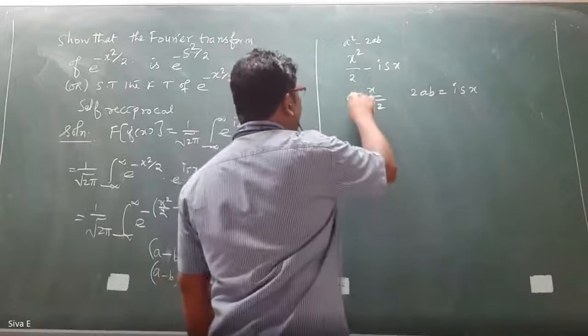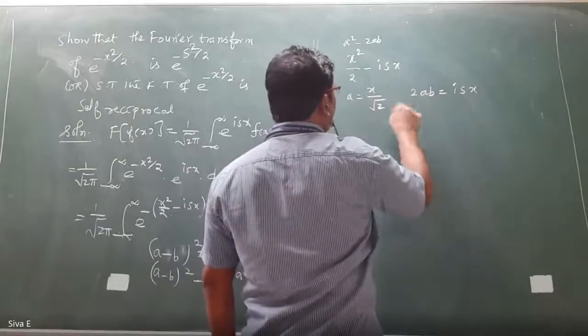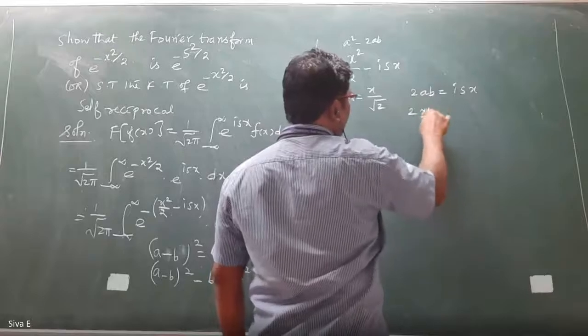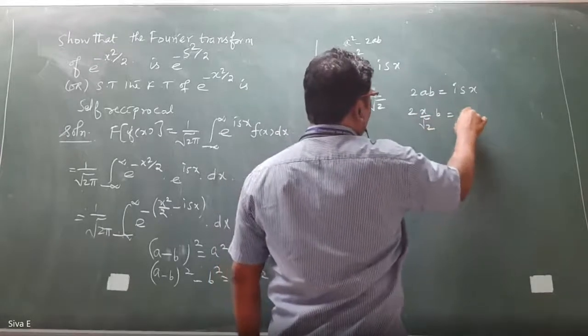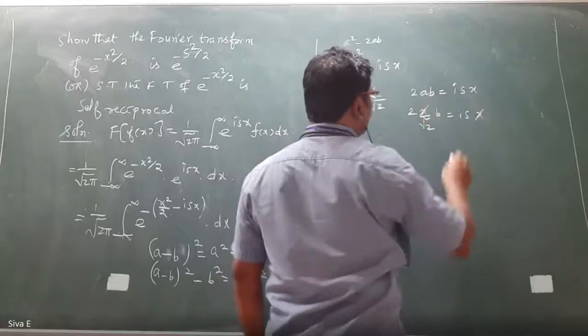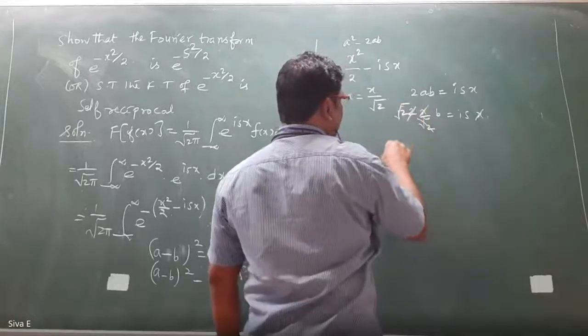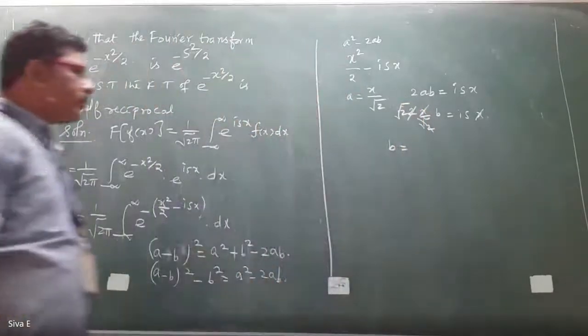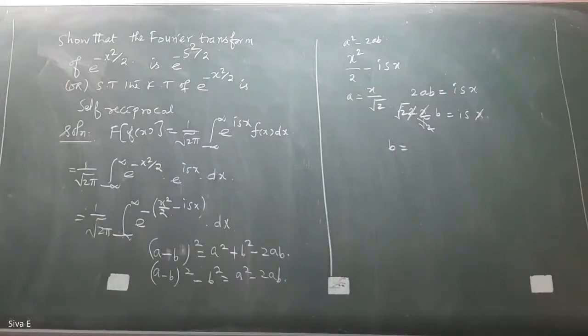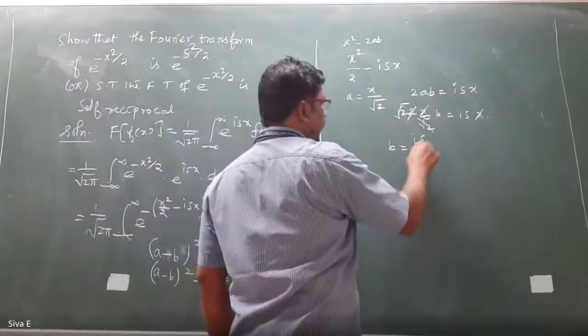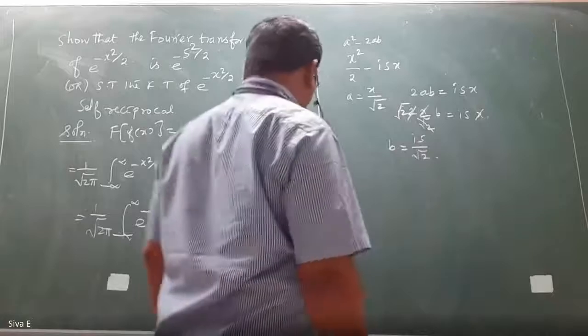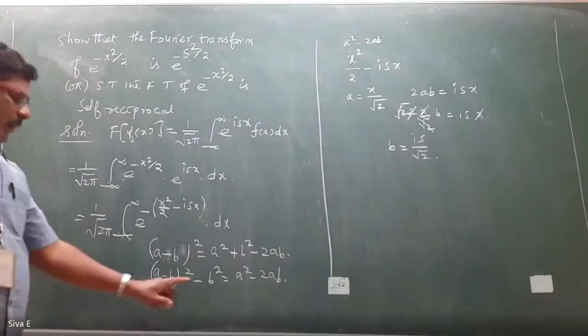If you substitute a equal to x by root 2, b equal to is by root 2, the x terms get cancelled. What is b? is by root 2. Now complete this.